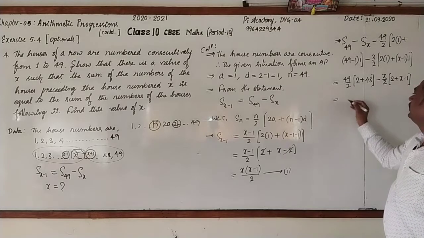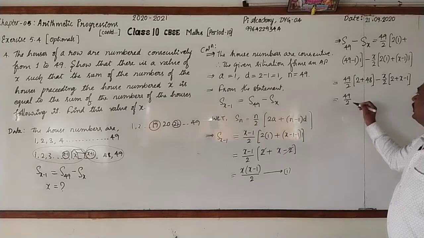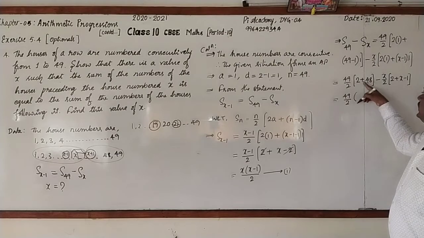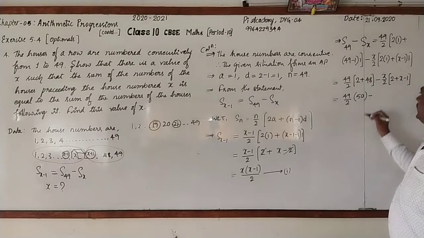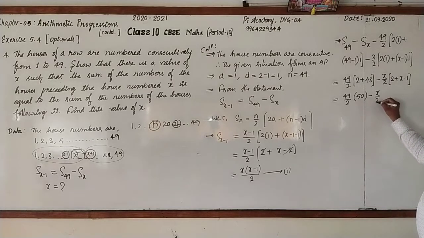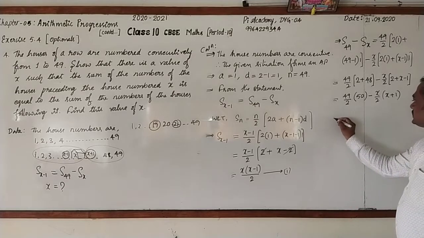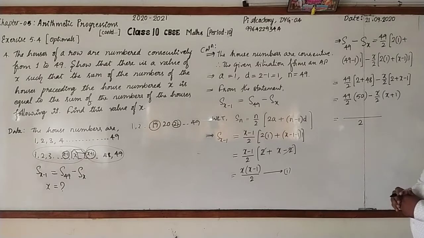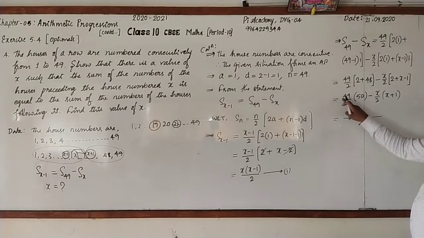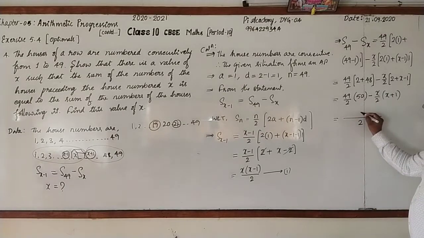It is equal to, let me write 49 by 2 as it is. What is 48 plus 2? This is 50, minus x by 2 into, observe here 2 minus 1, 1. So plus x, you can write x plus 1. This is equal to, you can take out 2 as LCM, right? Then multiply LCM with the first term, 2 gets cancelled.